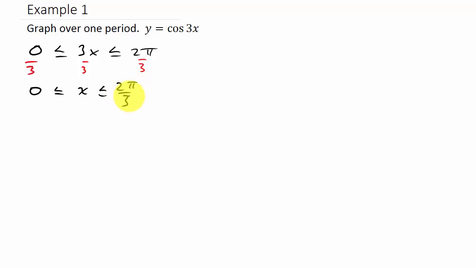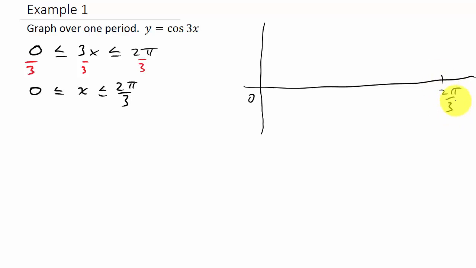What this does is give us the starting and ending point of our period. So we'll go ahead and draw that, and label it 0 and 2 pi over 3.